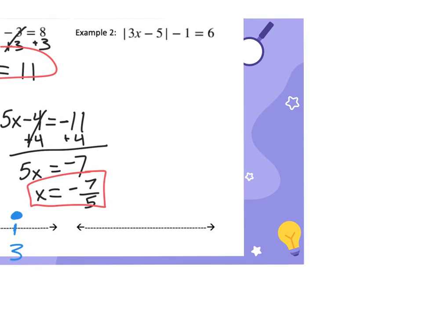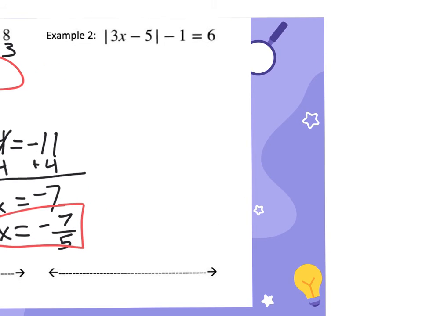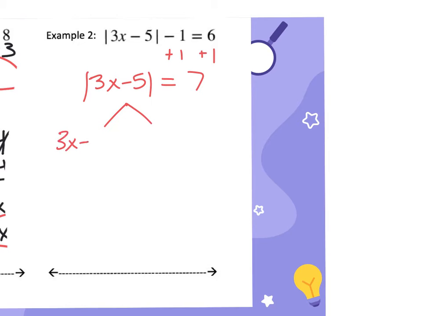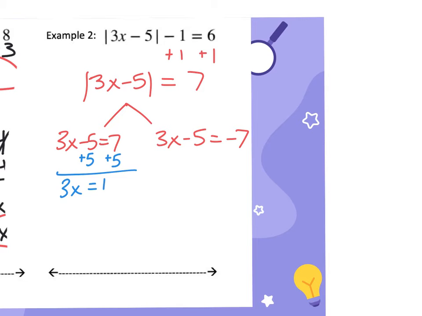All right, moving along to example 2. And then going to erase so we have a little bit more space here. Okay, first step, isolate the absolute value. We end up with 3x minus 5 equals 7. Time to split. 3x minus 5 equals 7. 3x minus 5 equals -7. Time to solve. Add 5. Add 5. We end up with 3x equals 12.